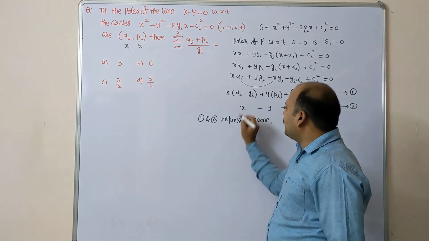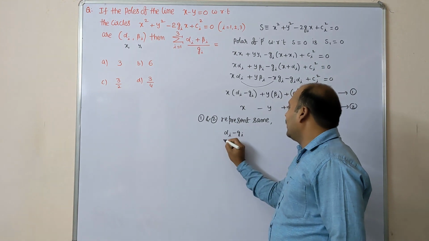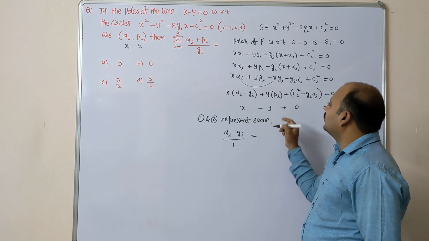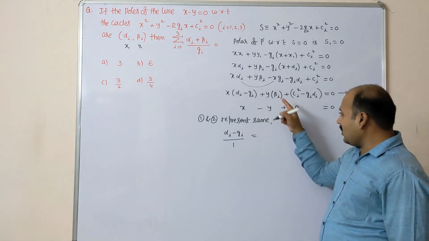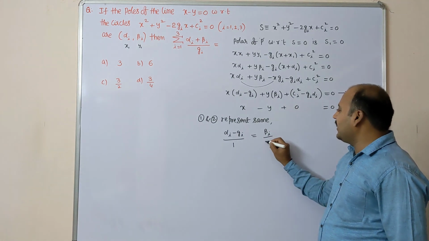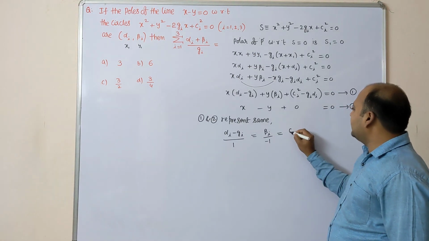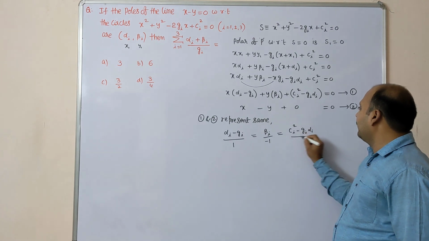So here the x coefficient is alpha i minus gi, divided by the x coefficient here, which is 1, which is equal to the y coefficient here, beta i, by the y coefficient here, which is minus 1, equal to the constant here, ci square minus gi alpha i, by 0.